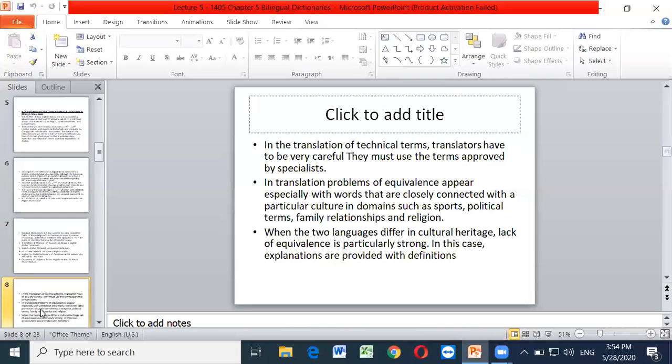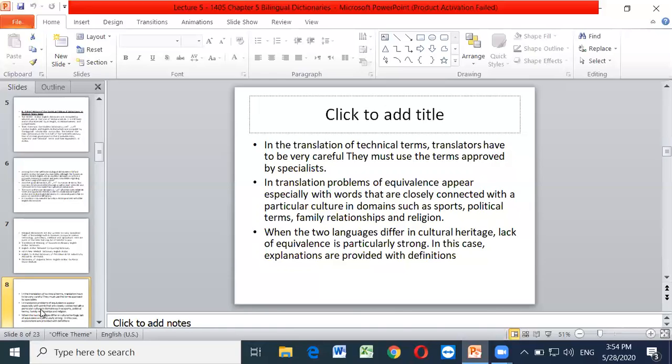In translation, problems of equivalence appear especially with words that are closely connected with particular context, culture, in domains such as sports, political terms, family relationships, and religion. So problems of equivalent terms appear particularly in connection with areas or topics that are culturally bound, that are culturally restricted.